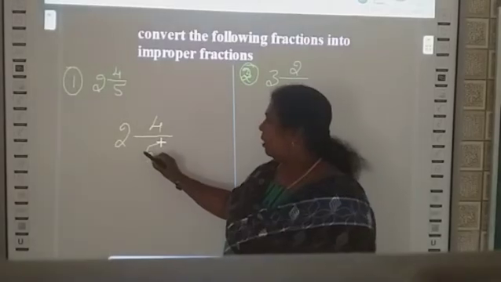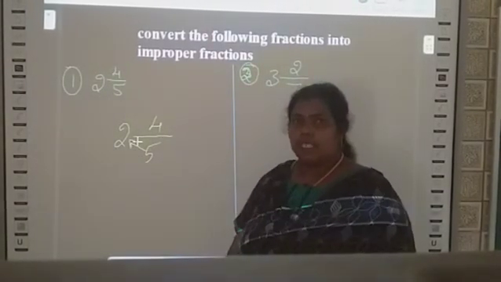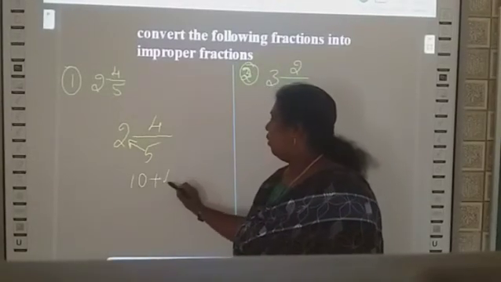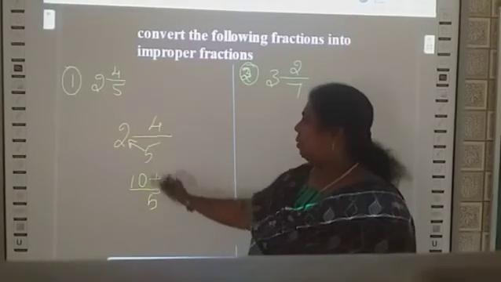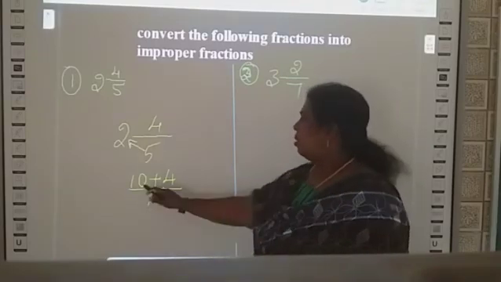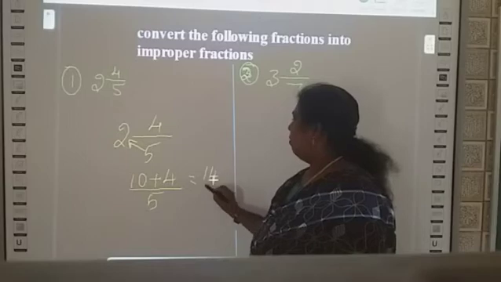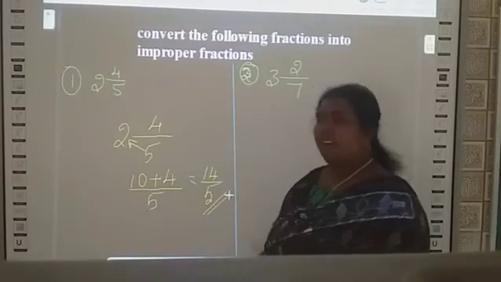Just multiply these two numbers first. So 5 times 2 is how much? 10, right? Then 10 plus the numerator value 4, divided by 5. The same denominator you have, the same number you have to write there. So 10 plus 4 is how much? 14. So 14 by 5. That is the improper fraction.